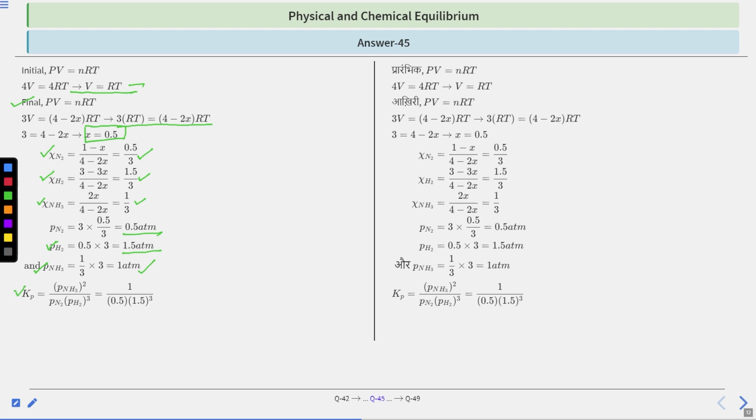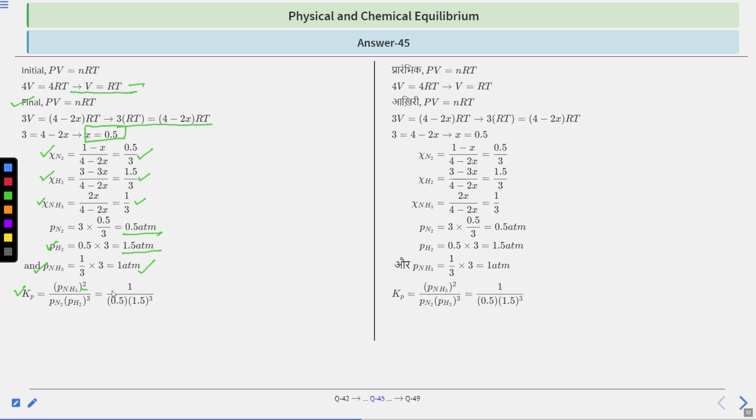And we have to find out Kp in the question. So Kp will become, according to the equation, the product pressure upon the reactant pressure. So partial pressure of ammonia to the whole power 2, because 2 is the stoichiometric coefficient, divided by the partial pressure of N2 multiplied by partial pressure of H2 cube.